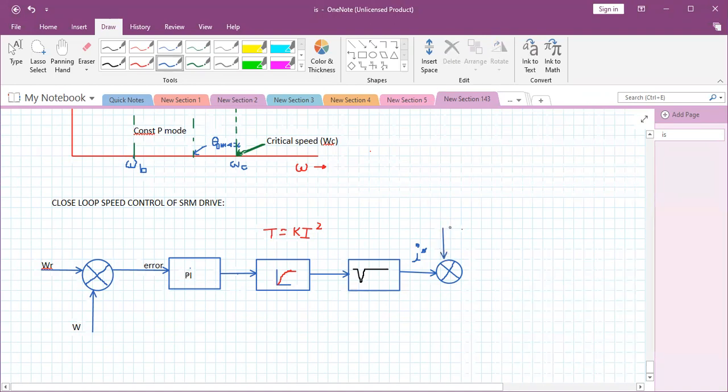This is our actual current, and this is a reference current.